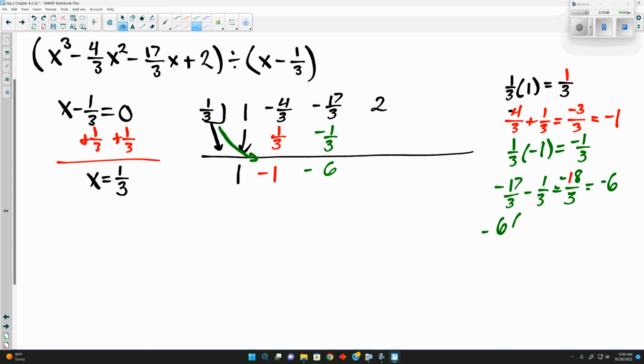Then lastly, we do -6 times 1/3, which would be -6/3, which is -2. So lastly, 2 plus -2 is 0.